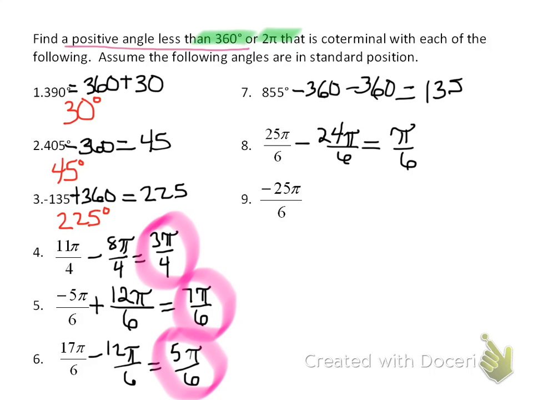So when the book uses the notation of k times 360, all they're saying is how many full rotations are there in the degrees that you're given or in the radians that you're given.